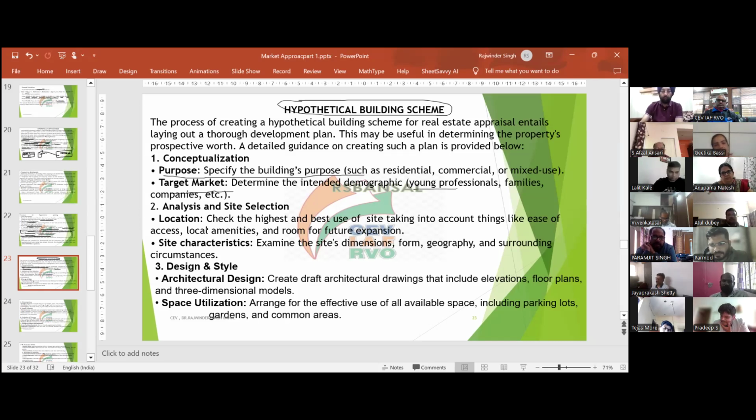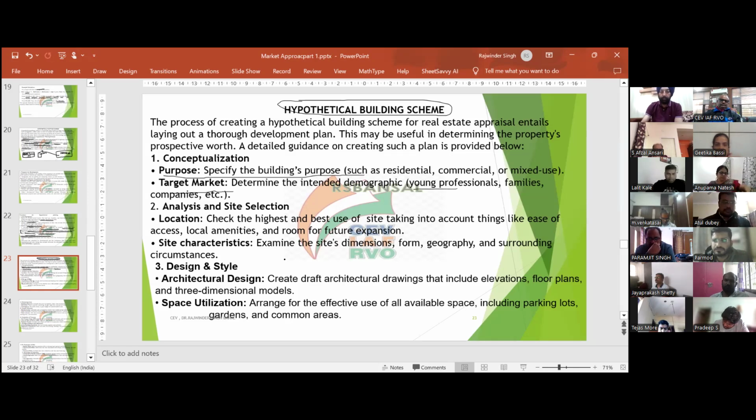Then location. Already location is very important, you have to check highest and best use, taking into account things like ease of access, local amenities, and room for future expansion.